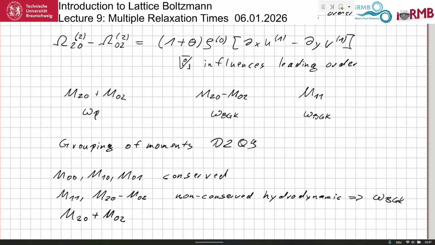The static pressure, yeah. So this is the total pressure. And also this is the acoustic moment.